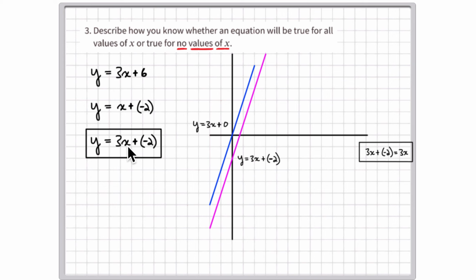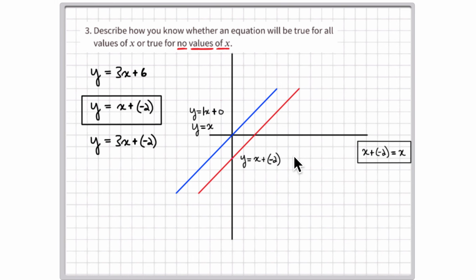Same thing with the next one. 3x plus negative 2 is not equal to 3x. So if you make each side a linear equation and draw a graph for that equation, you get parallel lines. They never intersect. They never have a common point. There's never a value of x that will make each of these expressions equal to each other.